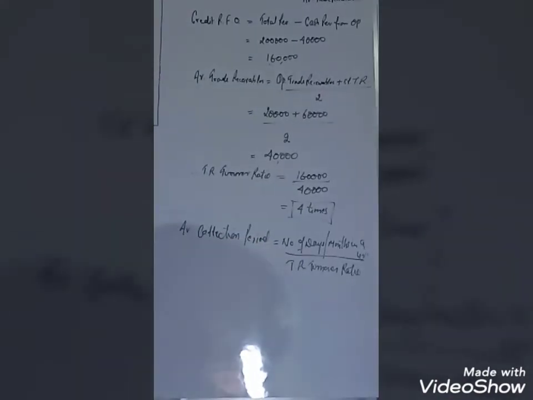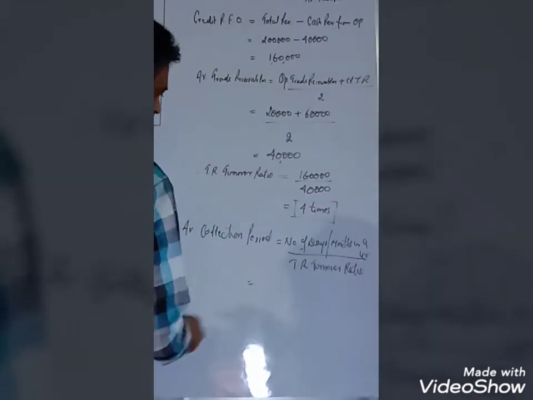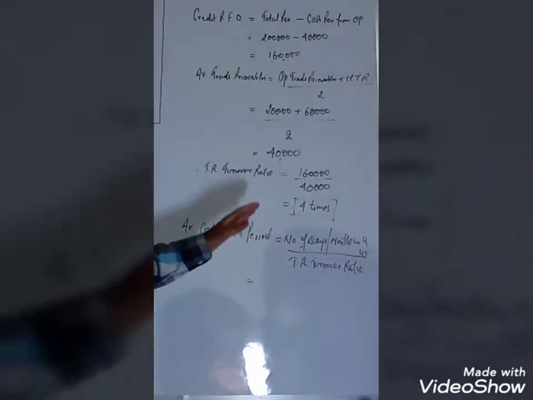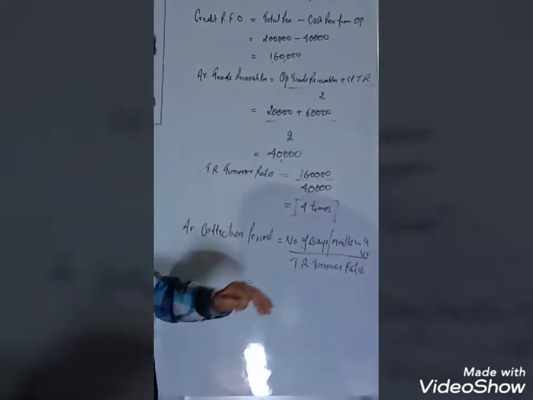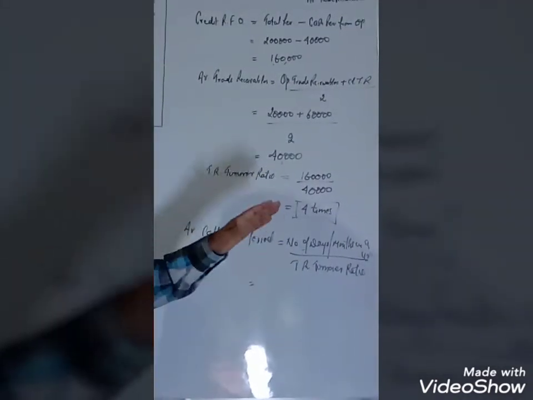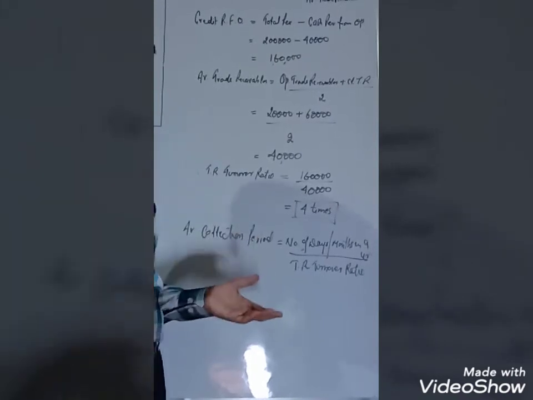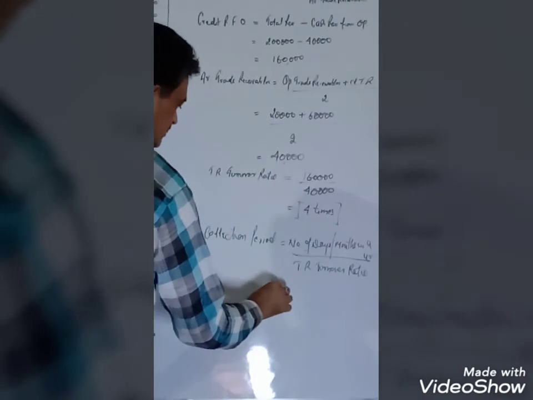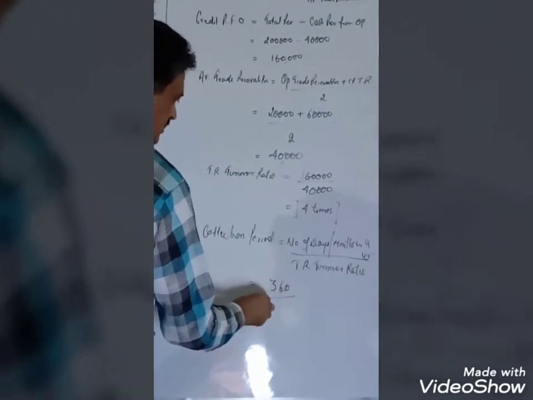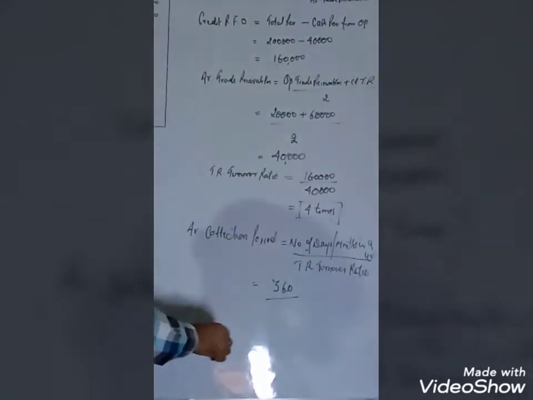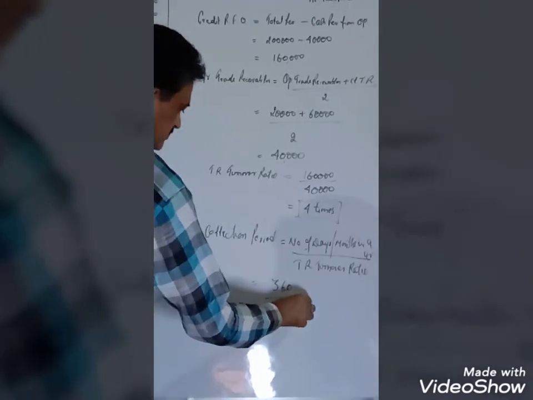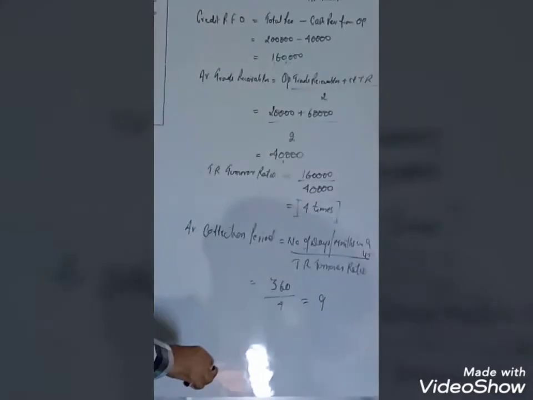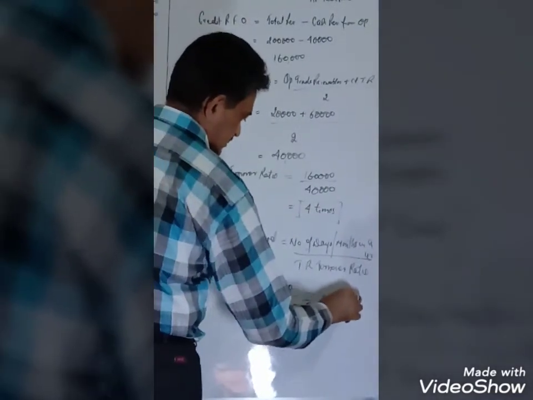By applying this formula, we may be able to find out the average collection period or average age of the trade receivables. Number of days, if given in the question 365 or 366, then accordingly we will take those number of days. Otherwise, if number of days are not given in the question, then average number of days will be taken as 360 days divided by trade receivable turnover ratio 4 times. This is 90 days.